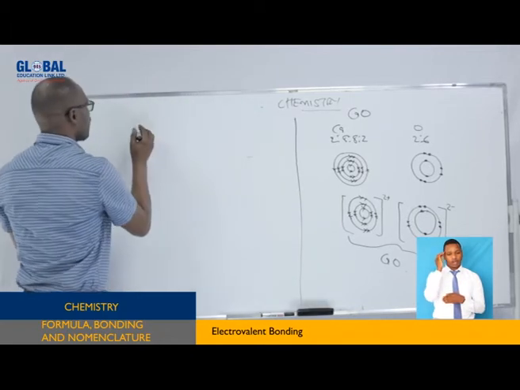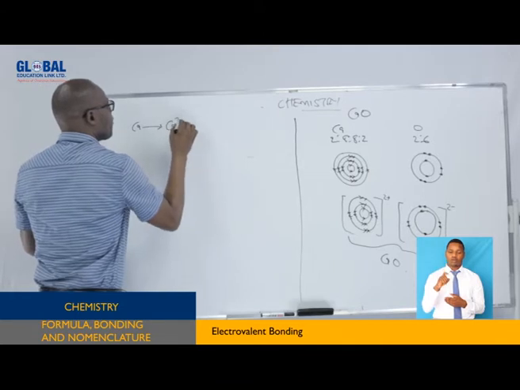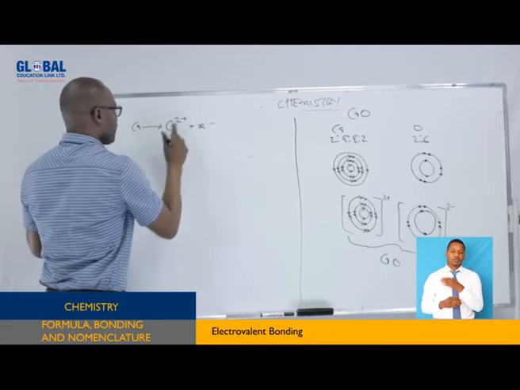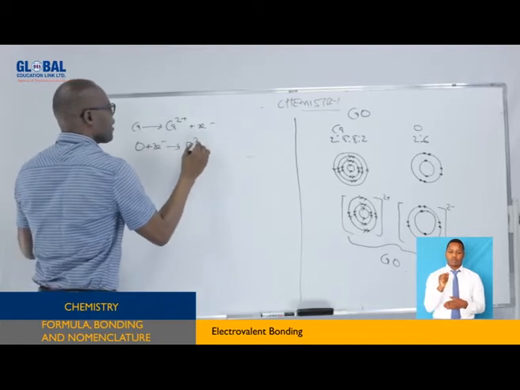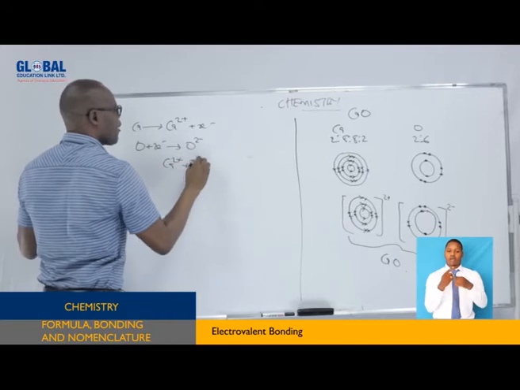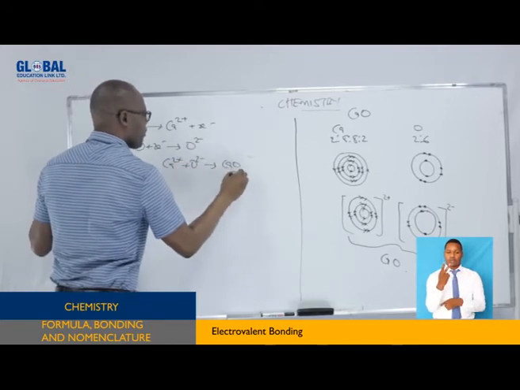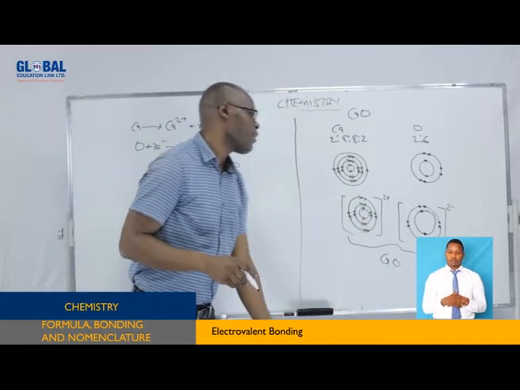So we have calcium loses 2 electrons to become calcium ion, and oxygen gains 2 electrons to become oxide ion, and now the calcium ion combines with the oxide ion to give us calcium oxide, and then you have its open structure that way.